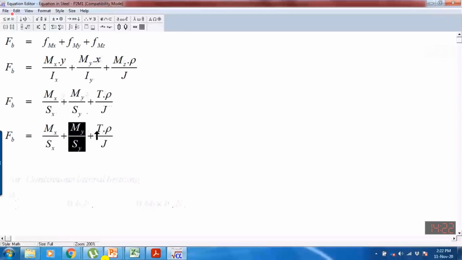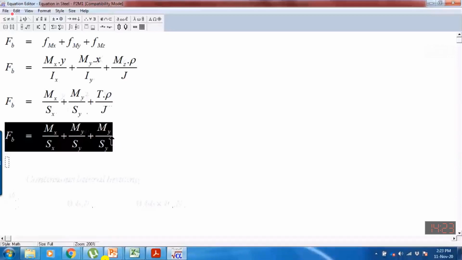If the bending moment about the x-axis produces a stress of 100 and the bending moment about the y-axis produces a stress of 50, we also assume that the stress produced by torsion is equal to 50. So I am changing this value to be equal to this value, the same value. If I further modify this formula, for simplification we assume that torsion stresses are also equal to the stresses produced by My.